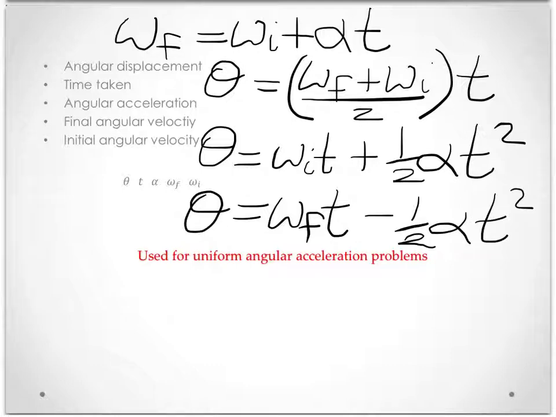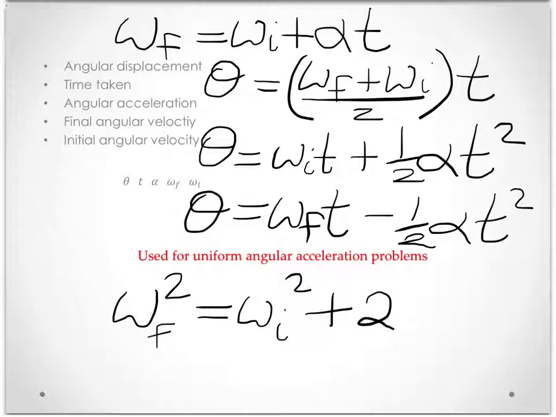The final one you need to be able to use involves the final angular velocity squared as a subject, equals omega I, the initial angular velocity squared, plus 2 times the angular acceleration times the angular displacement theta. So there are the 5 equations.